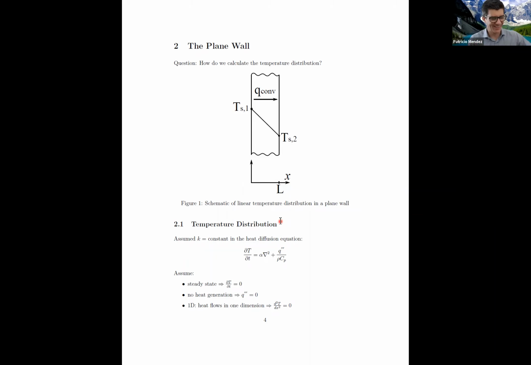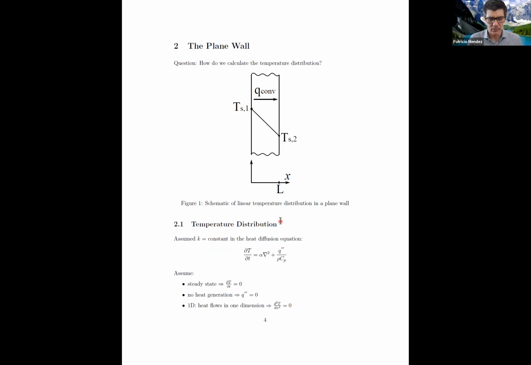If you have a sheet of paper, the sheet of paper is 2D. However, heat transfer across that sheet of paper is 1D. And why is it 1D? Because assuming that across each side of the sheet we have the same temperature, heat is not going to move up or down or left or right. It's just going to move across. Anywhere on the page, heat moves in the same direction. It doesn't move sideways inside the wall.